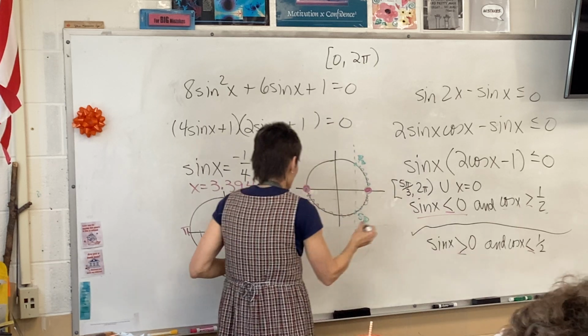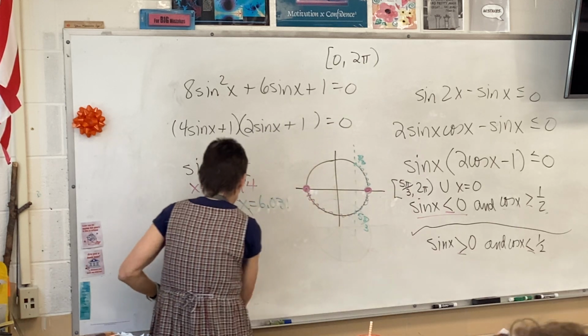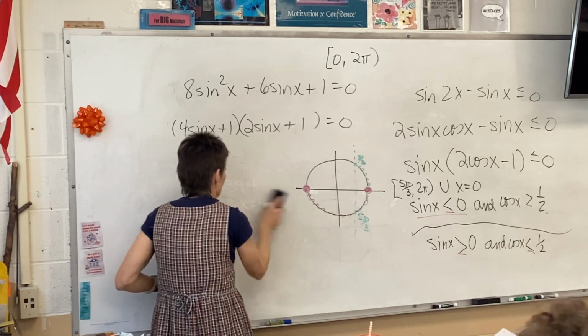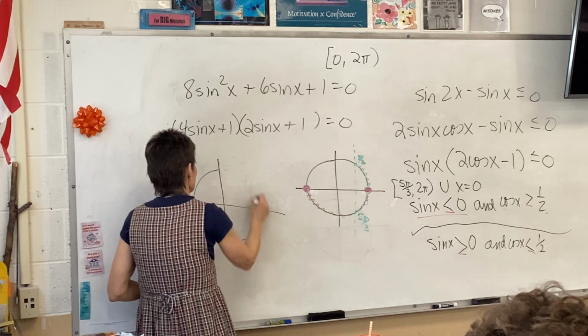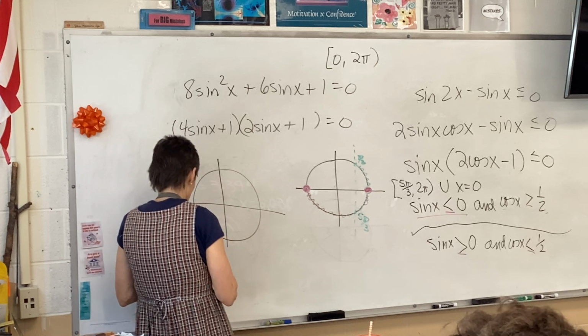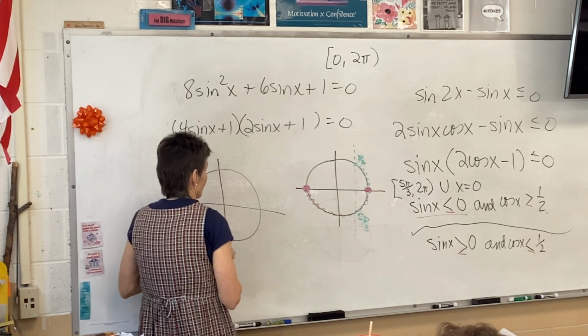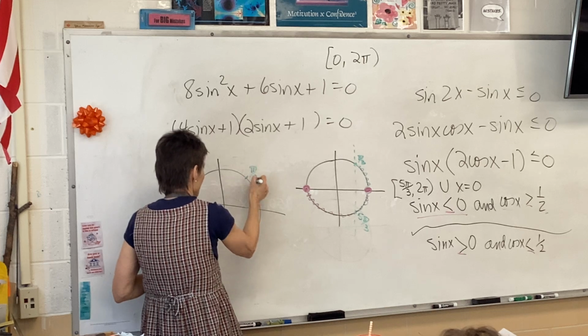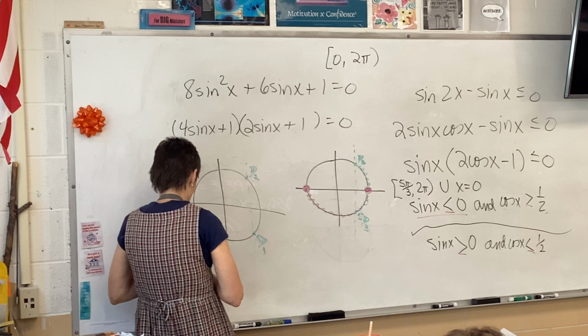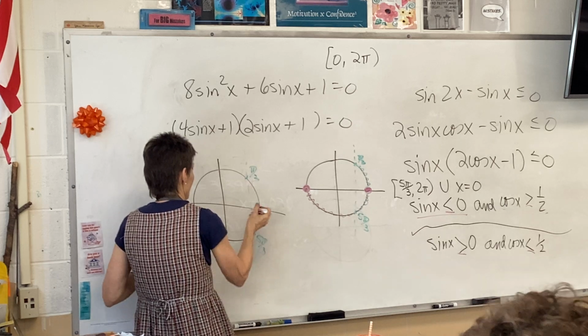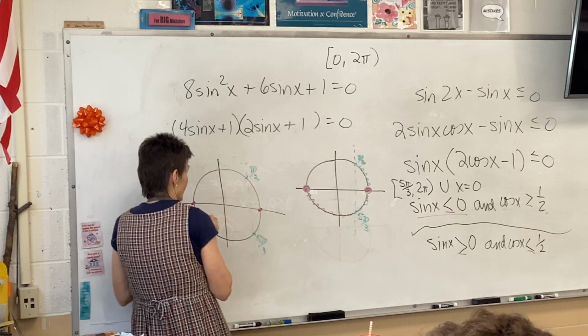All right, now we got to do the second case. The dots are in the same place: pi over 3 and 5 pi over 3, and 0 and 5.